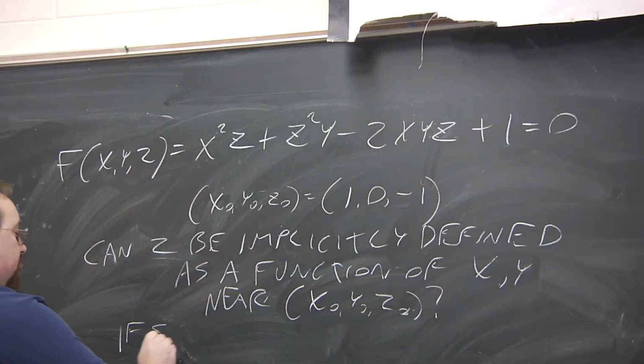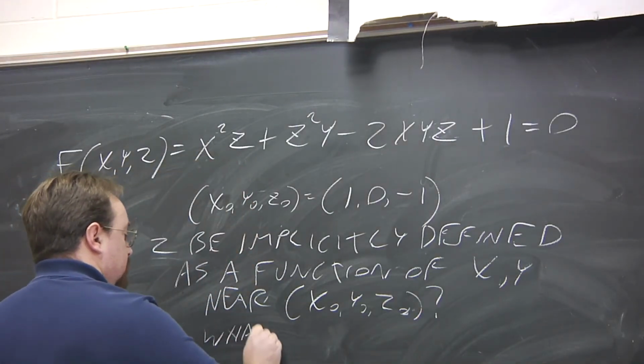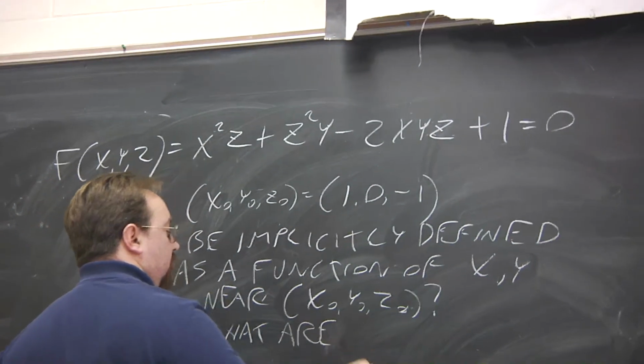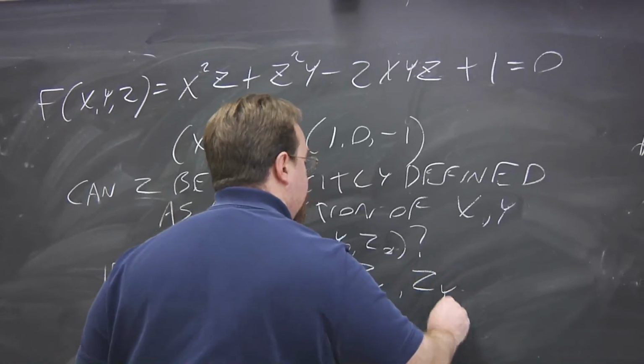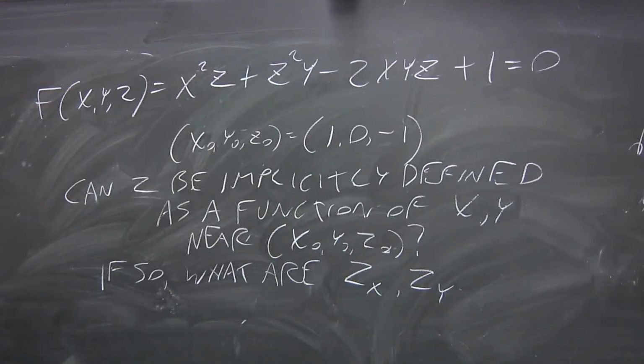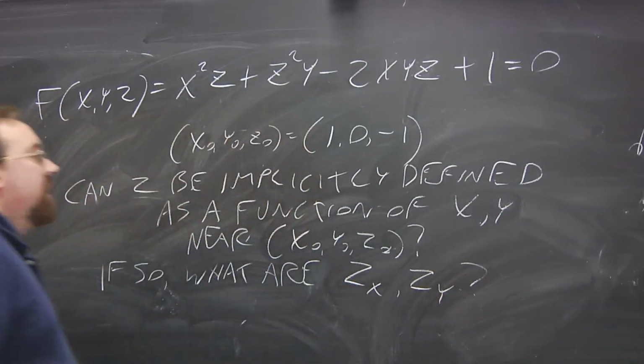And if so, what are the partials of z with respect to x and y? How can we go about computing them?